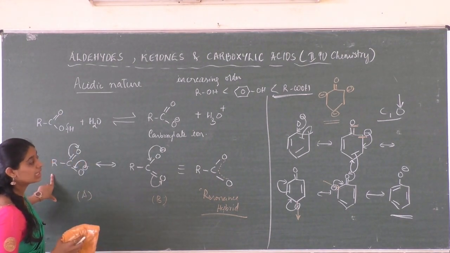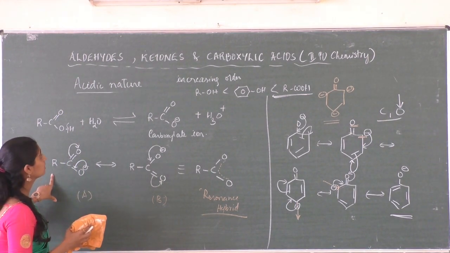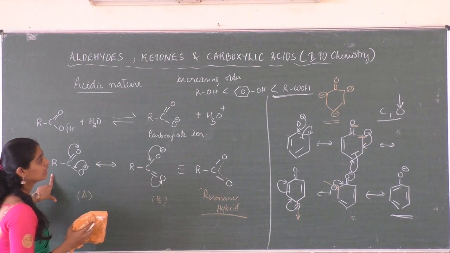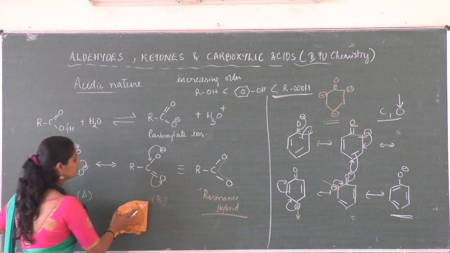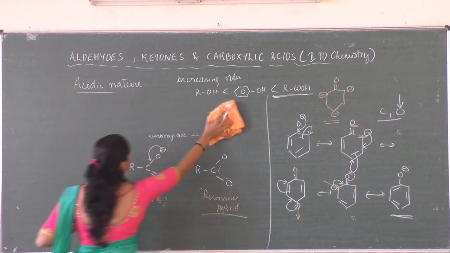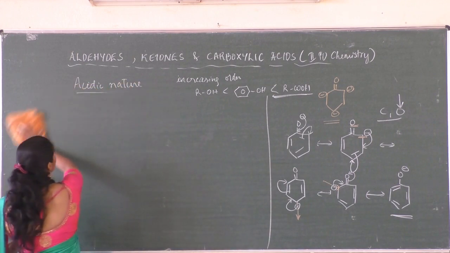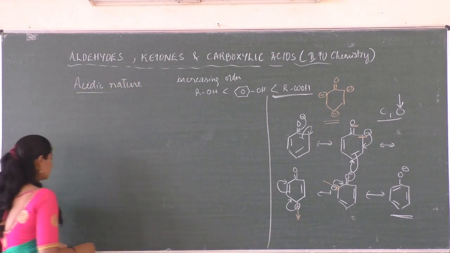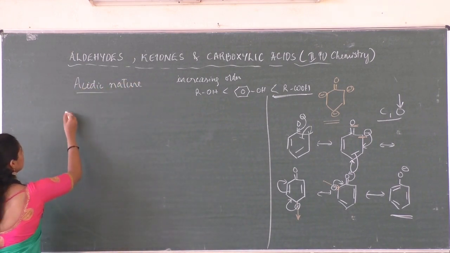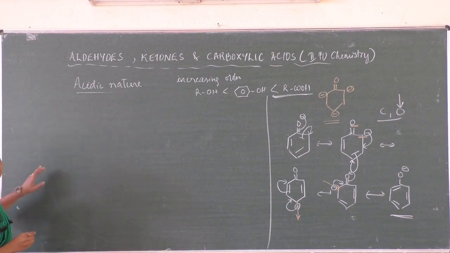In order to have a convenient method to express the acidic character or acidity of the carboxylic acid, we need to derive an expression. Let us see that. Let us write the reaction when a carboxylic acid is dissolved in water.